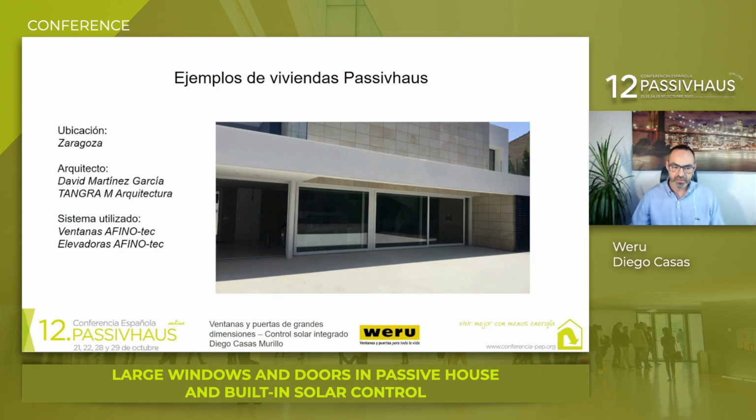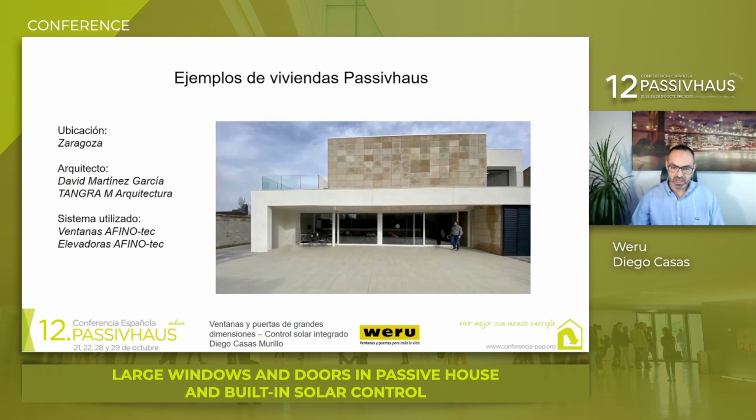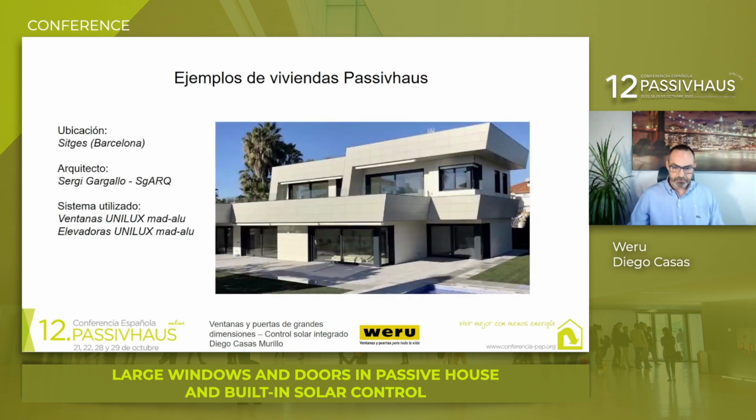The second project is an example from Zaragoza, recently certified, by the architect David Martínez García, mainly using lifting and sliding doors. The dimensions were in line with maximum limits, almost 3 meters from ceiling to floor, and a width of 6.2 meters, thus achieving an aesthetic design. And the blower door test was easily passed.